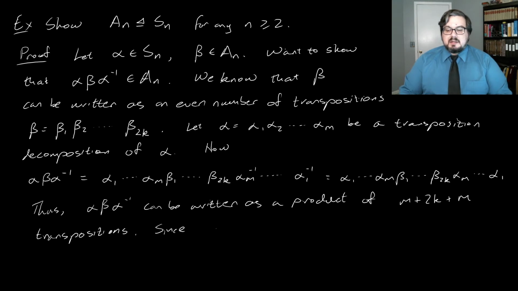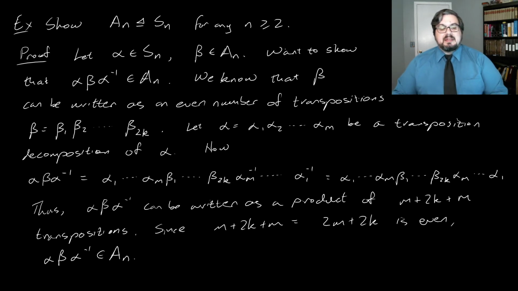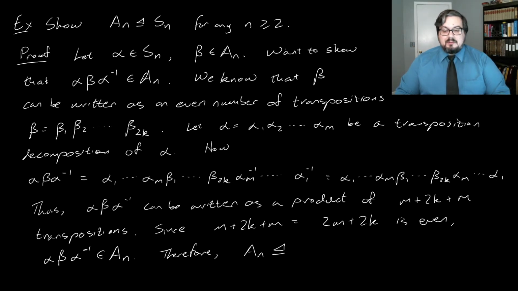But since m plus 2k plus m equals 2m plus 2k, which is even because it's a sum of two even numbers, that tells us that alpha beta times alpha inverse belongs to An, because this permutation can be written as the product of an even number of transpositions. Therefore, that tells us that An is a normal subgroup of Sn.